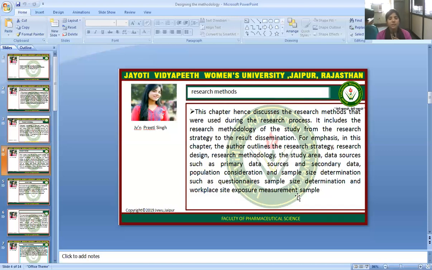In this chapter, the author outlines the research strategy, research design, and research methodology, the study area, data sources such as primary data sources and secondary data, population consideration, and sample size determination such as questionnaires, sample size and determination, and workplace site exposure measurement sample.